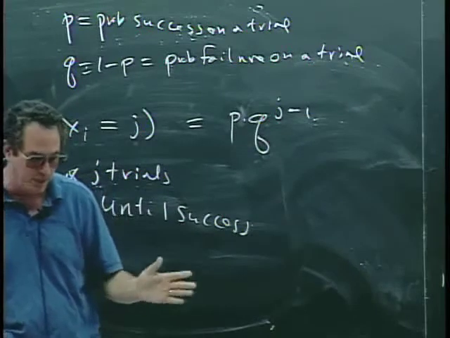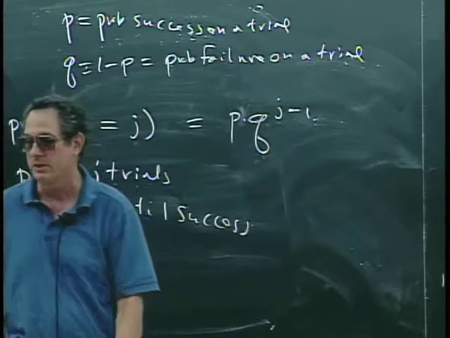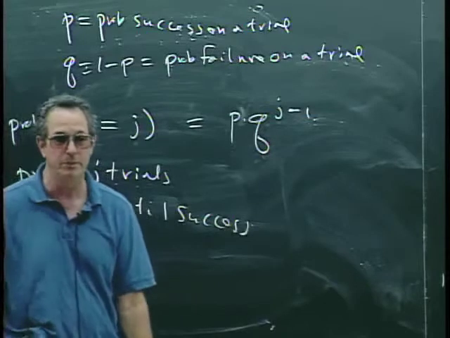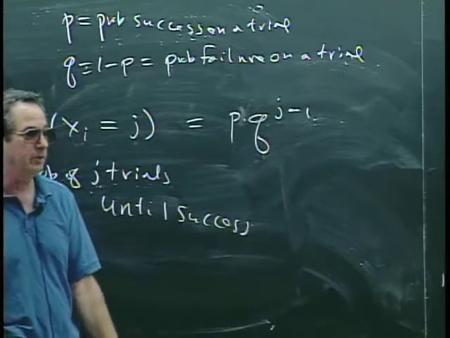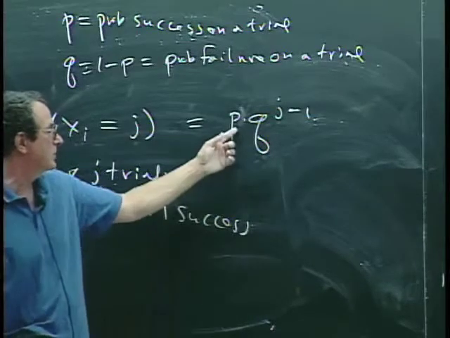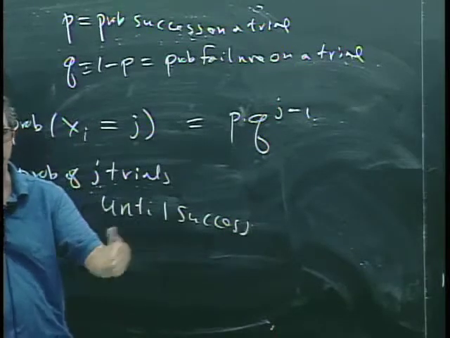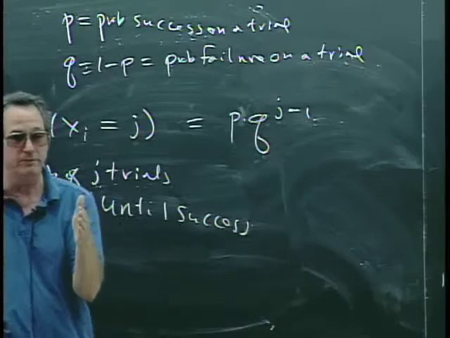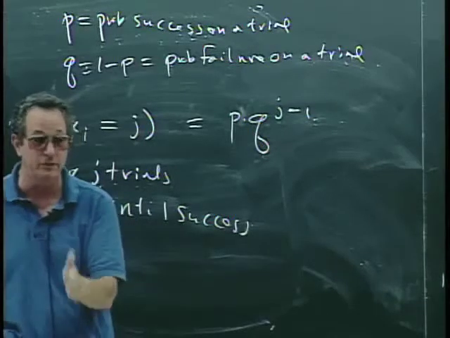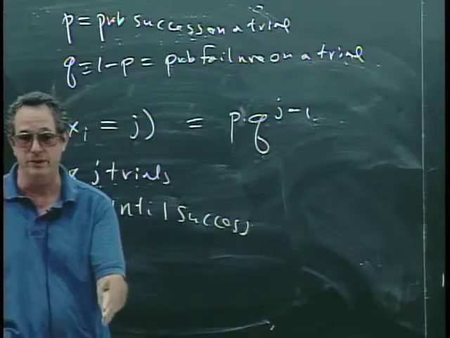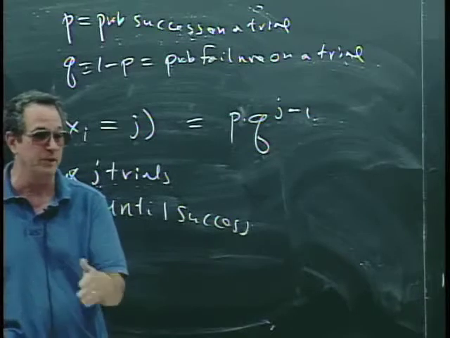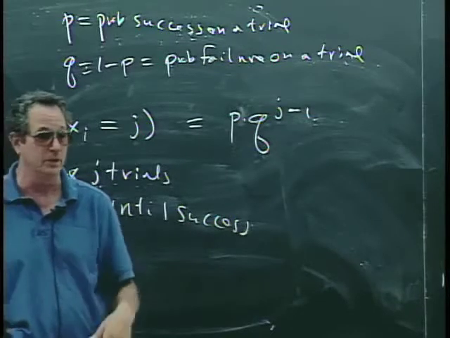And I hope that everybody, just through some introduction to probability somewhere in high school, if not in a formal college class, understands that on independent trials, if the probability of failure is q on one trial and q on the next trial, the probability of 2 failures is q times q, and so on.